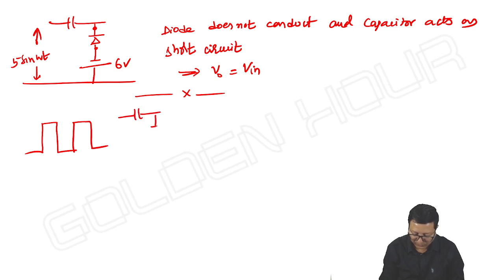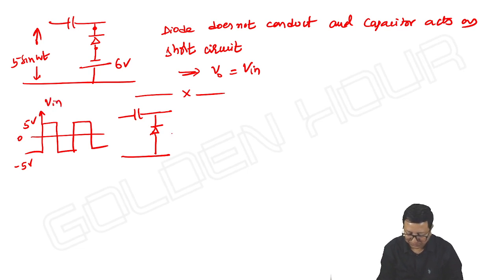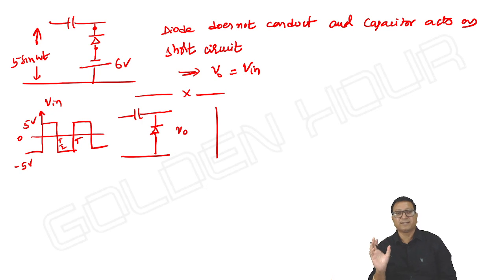Such a square wave is given to a positive clamper, assuming ideal diode. I am writing smaller diagrams, 5, -5 and input 0. What about the output? We know the diode conducts from T/2 to T. Instead of quarter cycle and all, it is half cycle. That too from T/2 to capital T. The diode will be on and the capacitor will rapidly charge towards -5 volts.